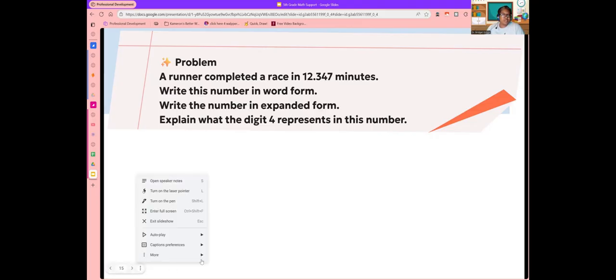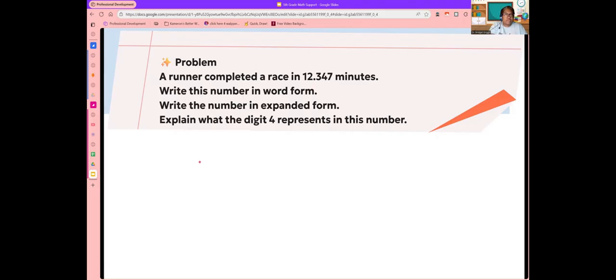Let's first start with writing this in word form. So in word form, if we read this, that should help us to write it in word form.